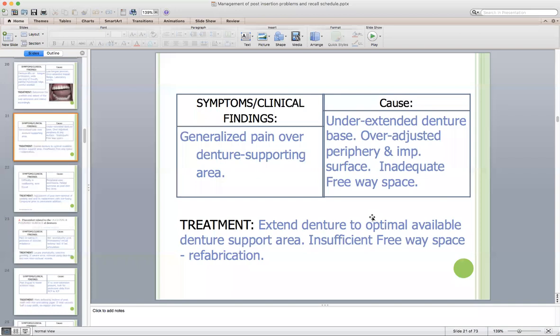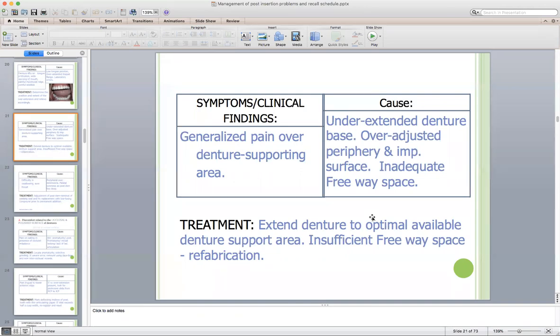But here there is generalized pain on the denture supporting areas. What can be the cause is an underextended denture base, an over adjusted periphery and impression surface, and inadequate freeway space. So these are all the causes which we have to eliminate one by one.